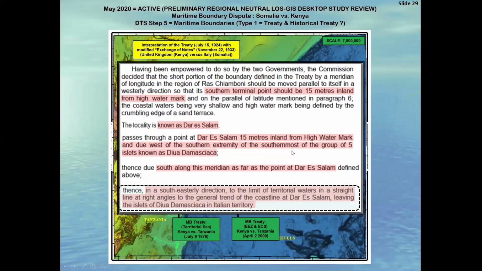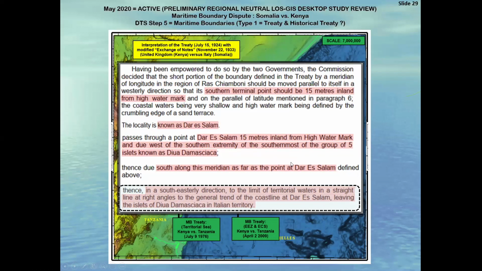It also talks about the southernmost of the group of 5 islets. So Damasco is going to have to be looked at. And so here's the critical thing. In a southeasterly direction, to the limit of the territorial waters in a straight line at right angles, general trend of the coastline at Dar es Salaam, leaving the islets in Italian territory.